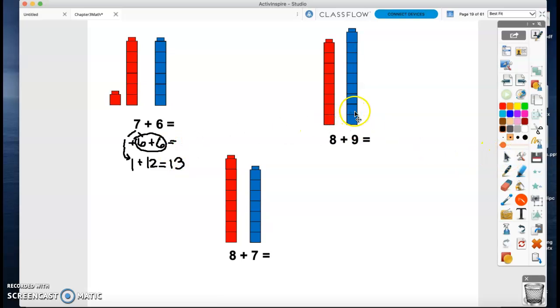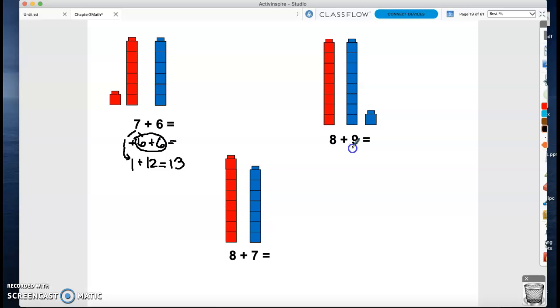We have 8 plus 9, so we need to figure out a doubles fact. I want to make 9 into 8 to do a doubles fact, so I'm going to take 1 off. So really, my 9 becomes 8 and 1.